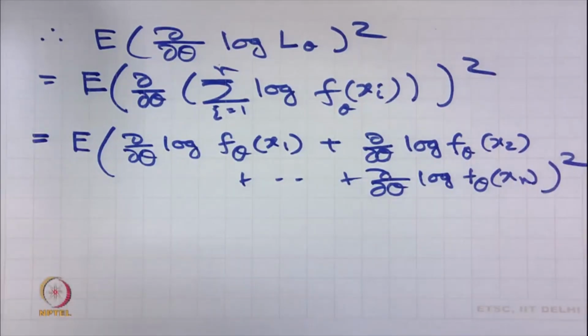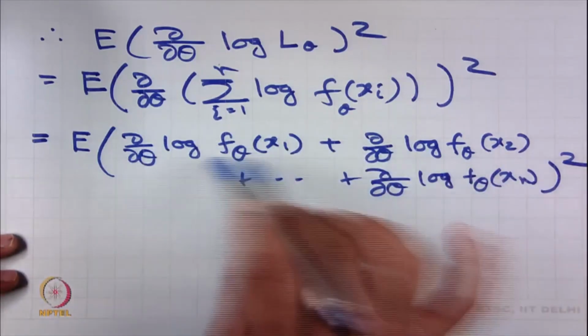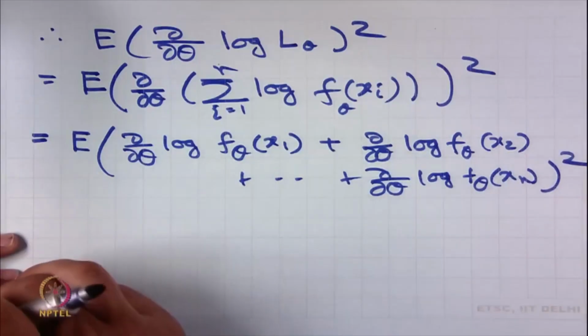So, now you understand the difficulty, it becomes the sum of n terms whole square.